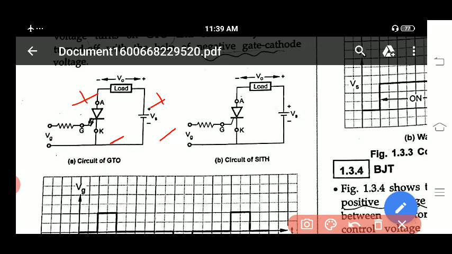If you want to make this GTO on, you will apply some voltage VG across the gate to cathode terminal. Similarly in the SITH, the anode is connected to the positive supply and the cathode to the negative supply through the load. If you want to make this SITH on, you can use this VG supply.